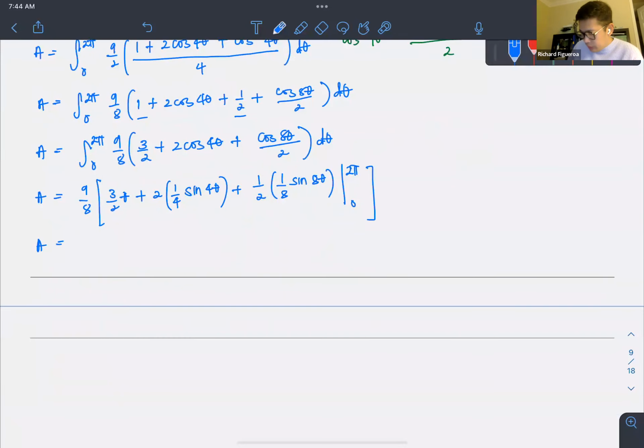So I'm just going to simplify it first. So 9 over 8, so 3 over 2 theta plus 2 over 4, it's 1/2 sine 4 theta, and plus 1 over 16 sine 8 theta. And this is evaluated from 0 to 2 pi.